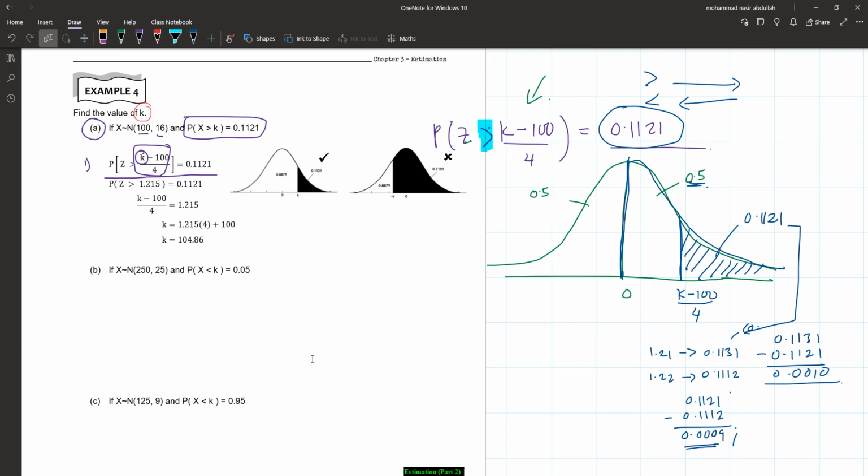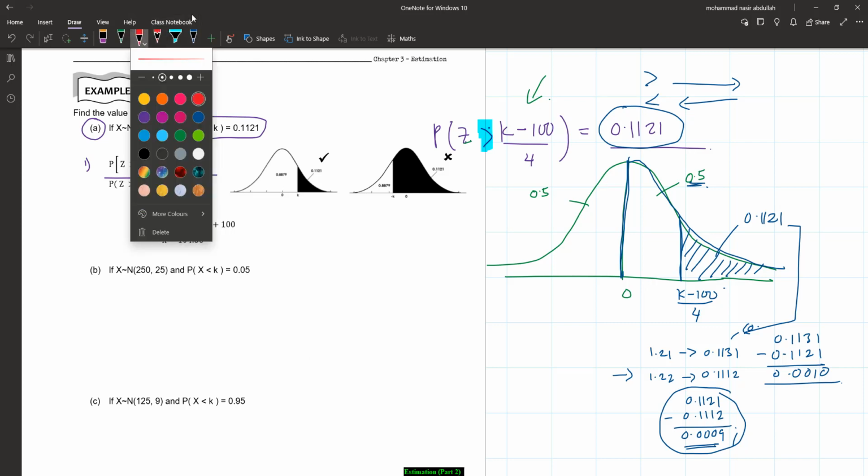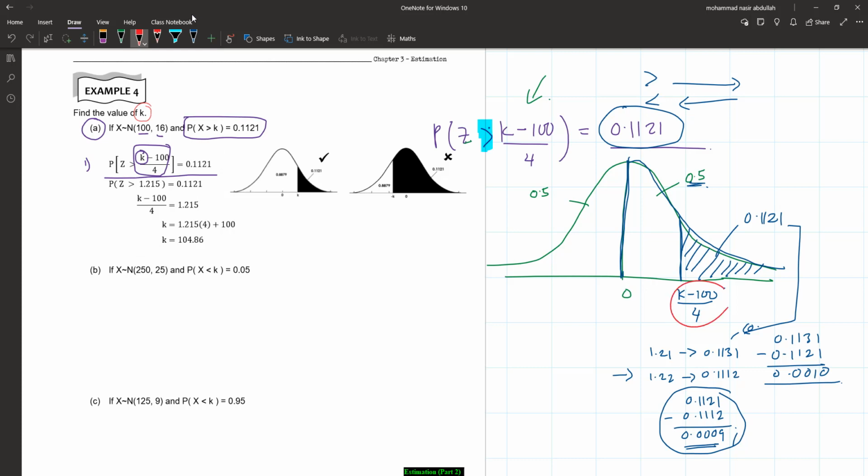So the closest one is this one. So we can say that this value, K minus 100 divided by 4, is equal to 1.12.